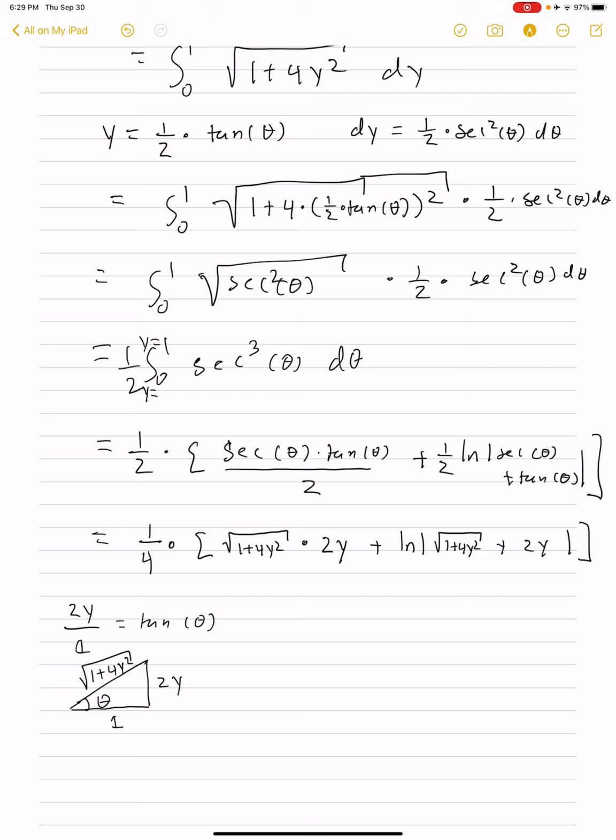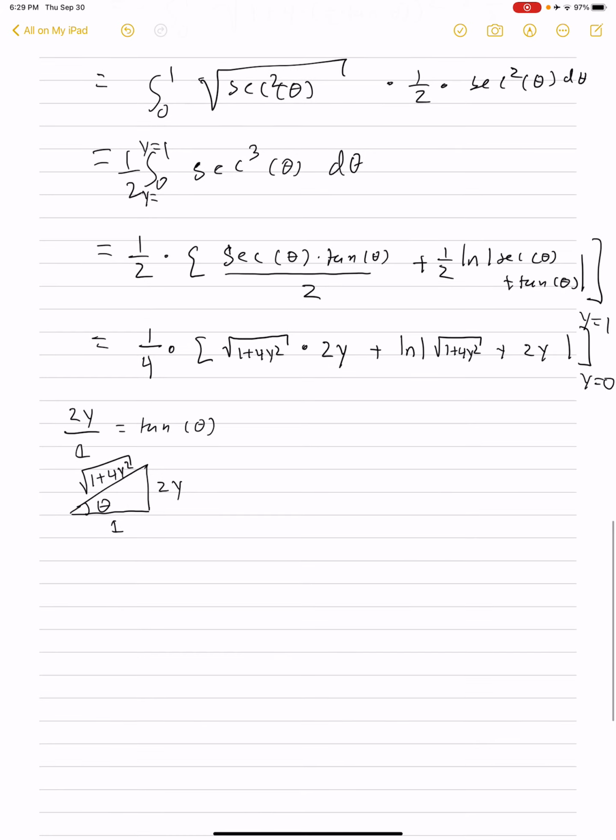Now we just need to plug in the values, and the values are y equals 0 and y equals 1. So we're going to do 1/4 times, well, when y is 1, we'll have square root of 5 times 2, plus this ln of square root of 5 plus 2.